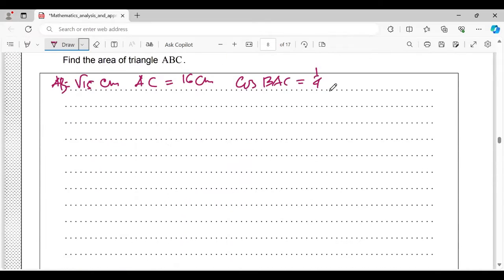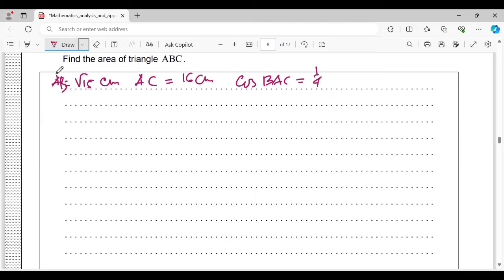It means sine BAC we should find. So cosine squared BAC equals 1 over 16, 1/4 squared. As you know the formula, sine squared theta plus cosine squared theta equals 1.